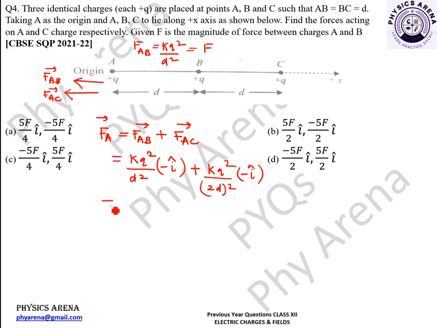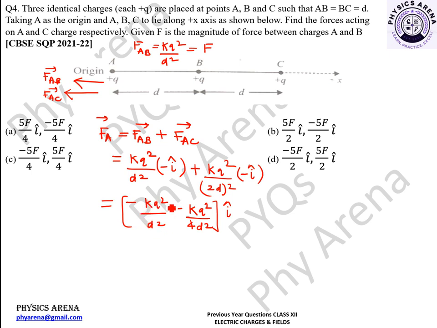So on solving it, I can write minus kq square upon d square minus kq square upon 4d square, taking this minus common. I have taken I cap over here. Now I can further solve it out as kq square upon d square is F. It is given to us.